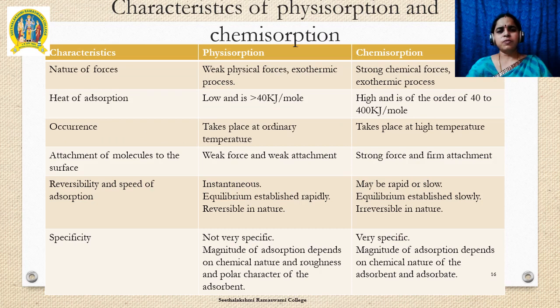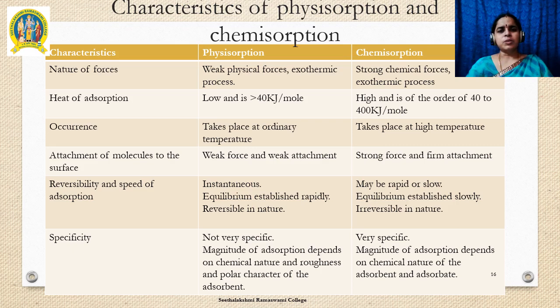Differences between physisorption and chemisorption. Physisorption generally exists with a very weak force. It is an exothermic process. Chemisorption exists with the help of a strong chemical bond, and it is also an exothermic process.